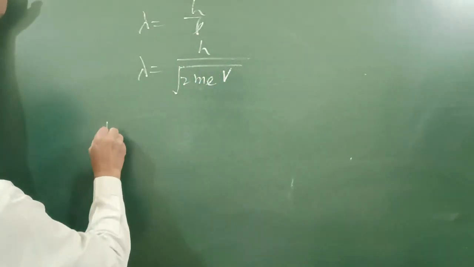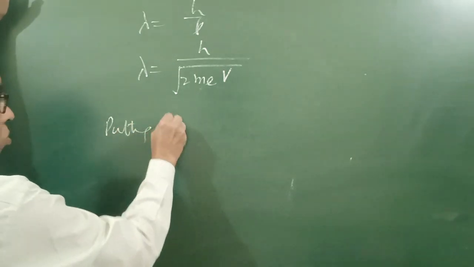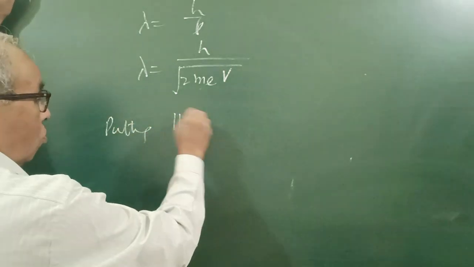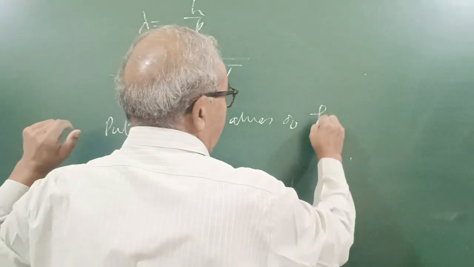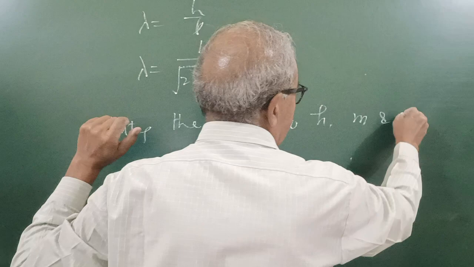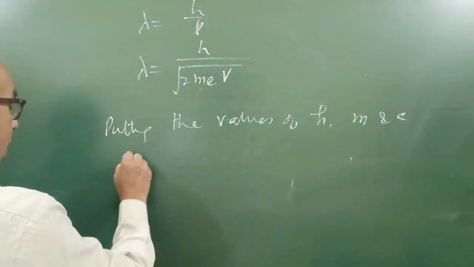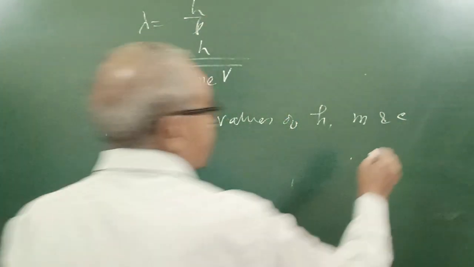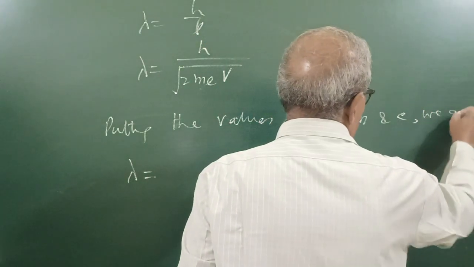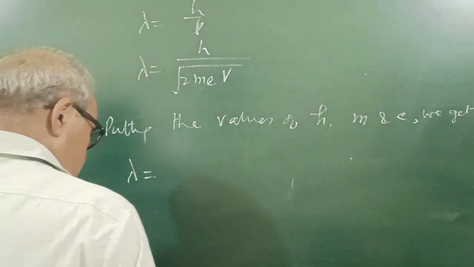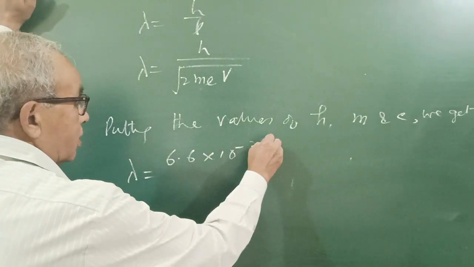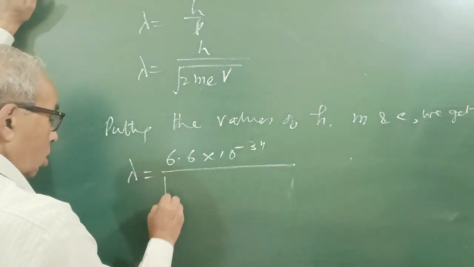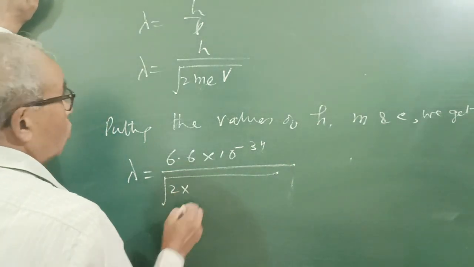Now, putting the values of h, m and e, we get lambda equal to 6.6 into 10 to the power minus 34 upon under root of 2 into mass of electron.